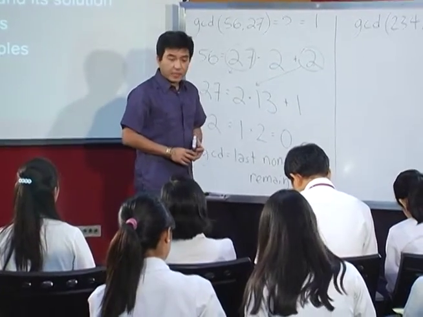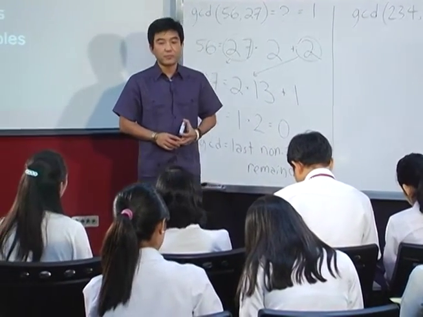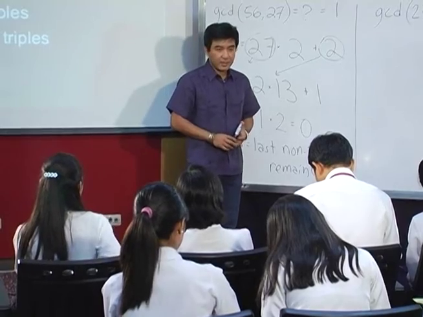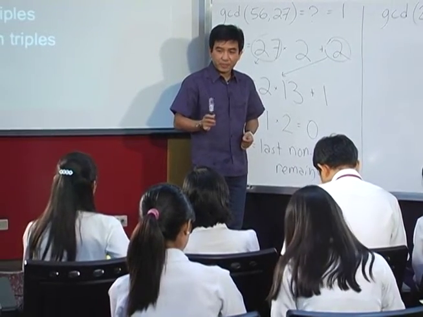Now let us use the Euclidean algorithm to get the GCD of 234 and 56. Can I call on one of you? Jennifer, you'd like to try?